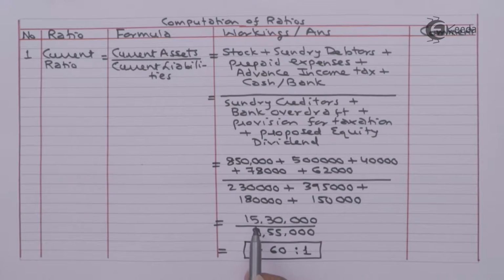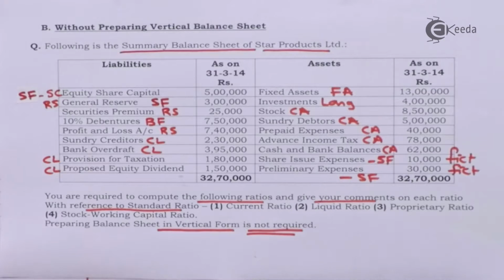Total current assets 15 lakh 30,000 divided by total current liabilities 9 lakh 55,000, we get current ratio 1.60 is to 1.